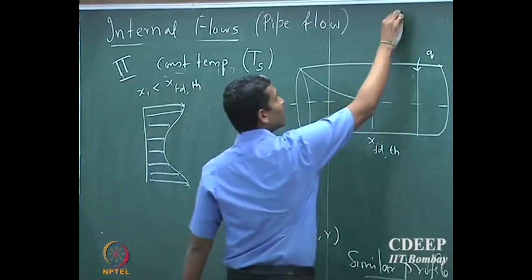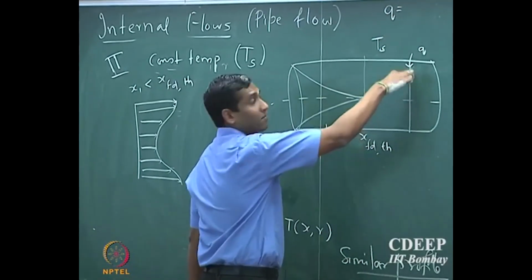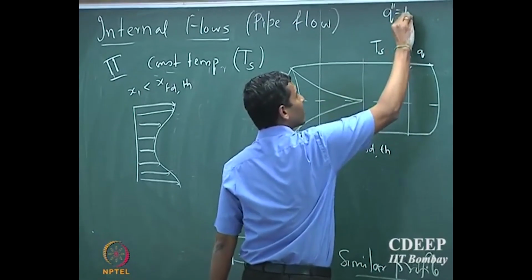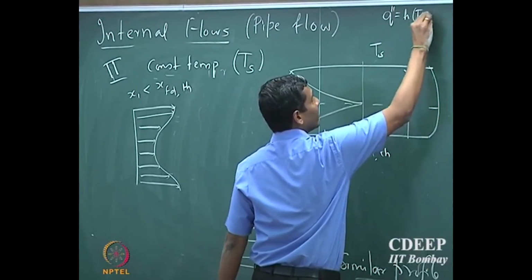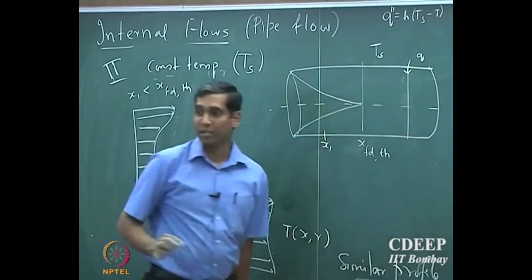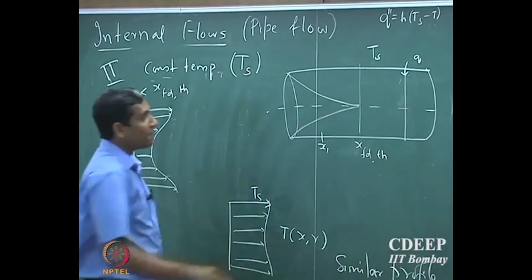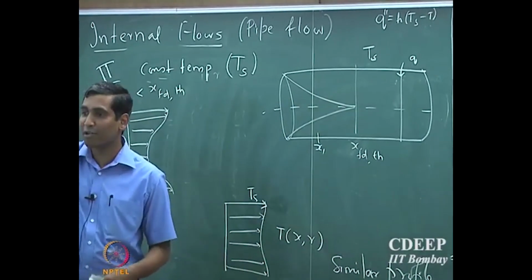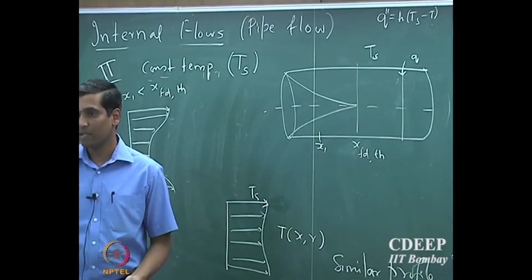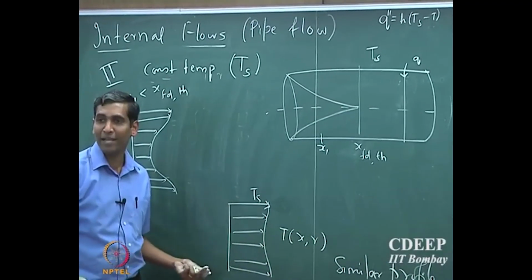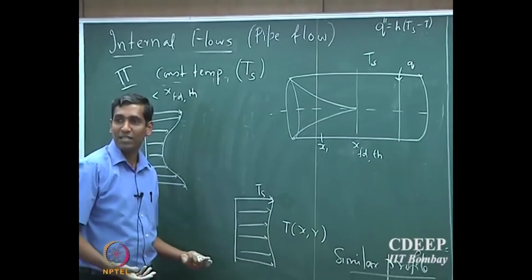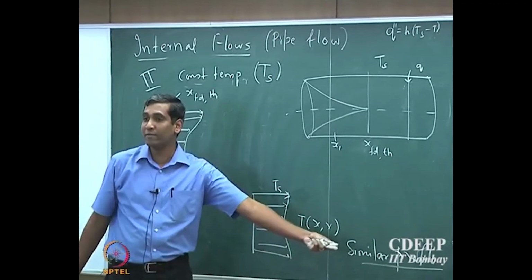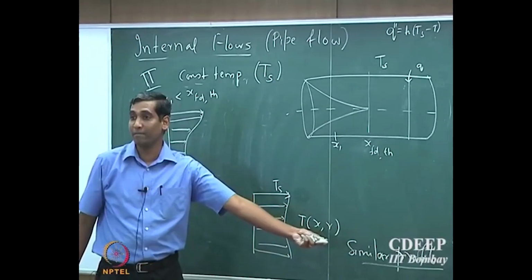What's Newton's law of cooling? At the local point, the flux is given by some heat transport coefficient into the temperature difference, right. So till the fluid equilibrates with the wall temperature, there is going to be constant addition of heat from the wall to the fluid. So therefore there is addition of capacity to the fluid, and so you will see that the temperature is going to change with x location in the fully developed regime.